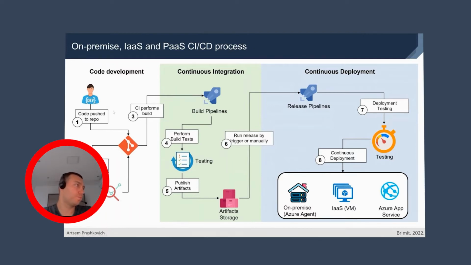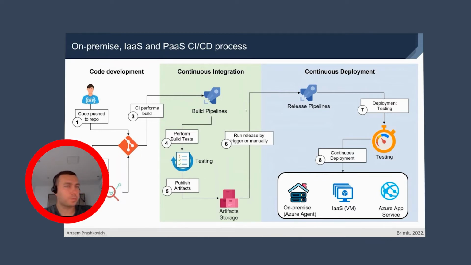So we have a developer who pushes code to the repository. We have some code analysis and probably tests running on our Git repository, which usually happens in an ideal world, so that's not always the case, I think.